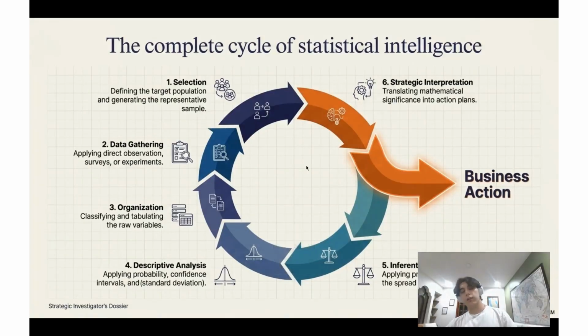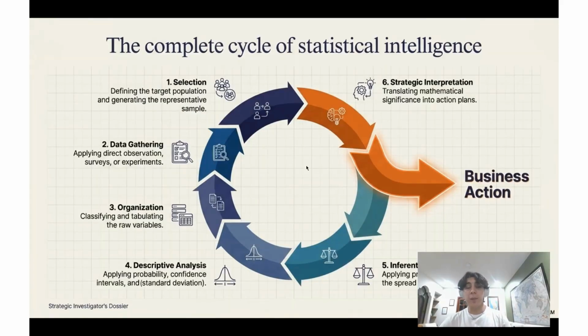So here we can see the conclusions of this presentation, and this is a complete cycle of statistical intelligence. It's important to know these concepts, these numbers, and the selection, the data gathering, the organization, the two types of analysis. It's important, but we must keep in mind that after all these numbers, it's a human action.